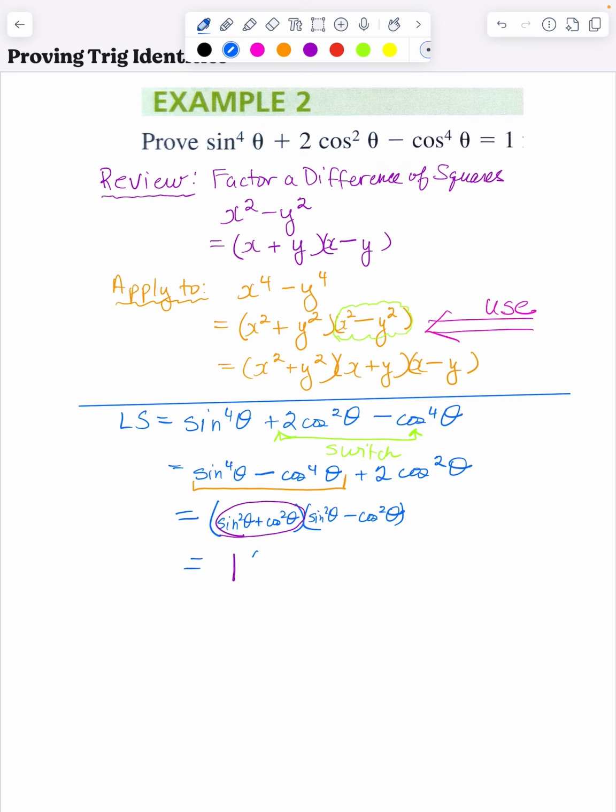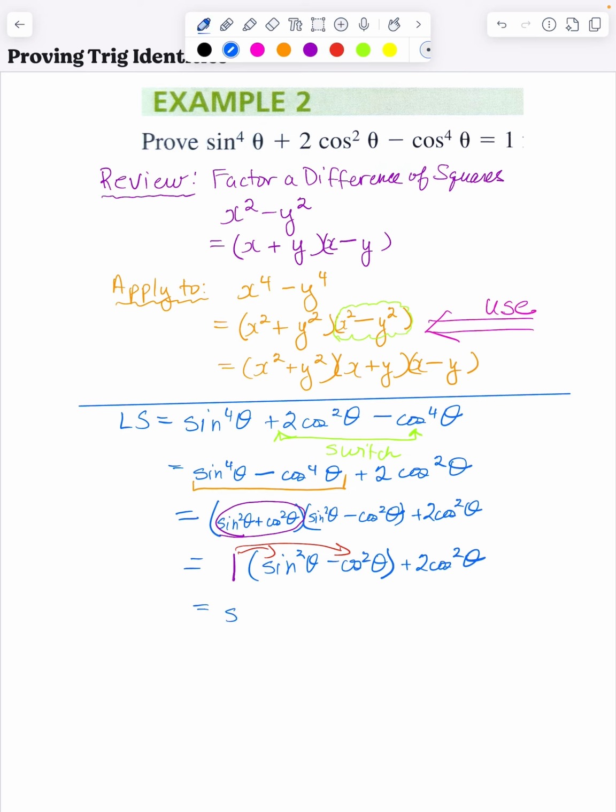And we're going to write down sine squared theta minus cos squared theta. I forgot this. I have to make sure that I put this and carry it through.